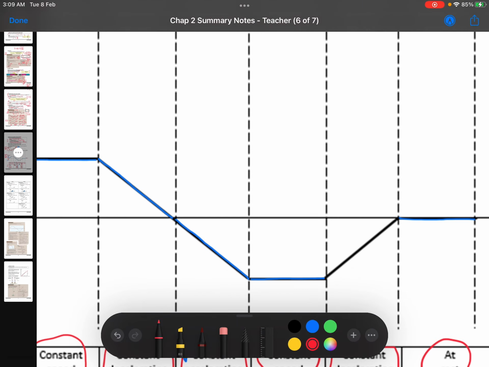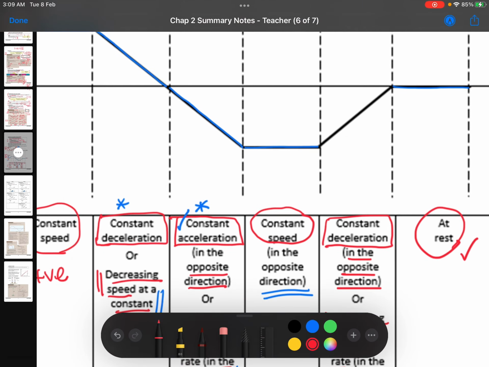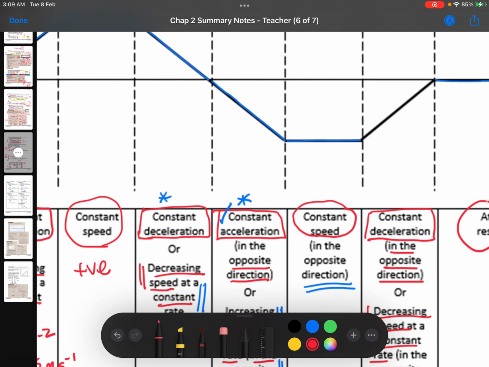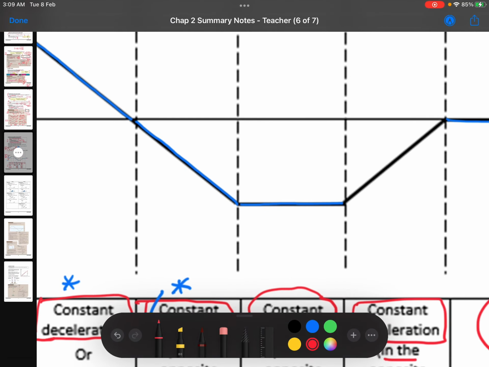So now let's come to this last part. Now in this context, if you go from -5 to 0, actually -5 is positive in a negative direction.